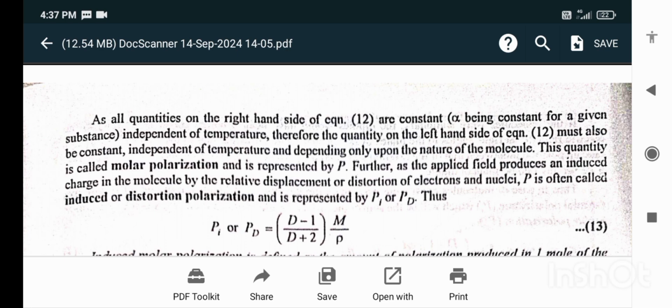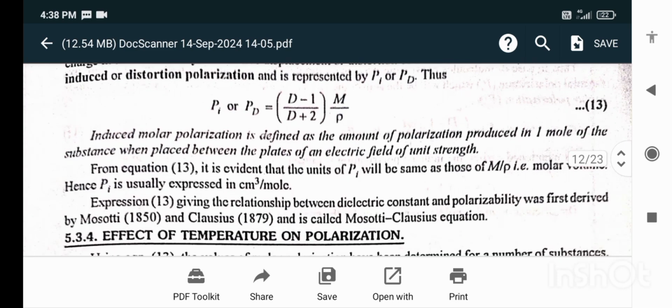This quantity is called molar polarization and is represented by P. Further, as the applied field produces an induced charge in the molecule by the relative displacement or distortion of the electrons and nuclei, P is often called induced or distortion polarization and is represented by Pi or Pd. Thus, induced molar polarization is defined as the amount of polarization produced in 1 mole of the substance when placed between the plates of an electric field of unit strength.